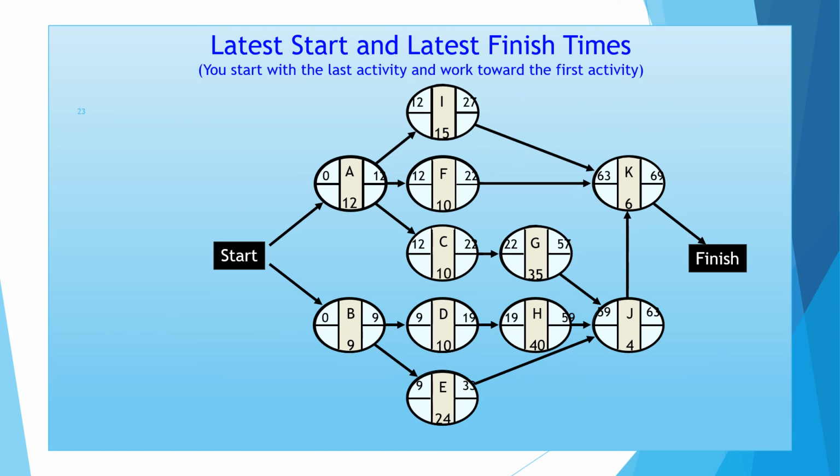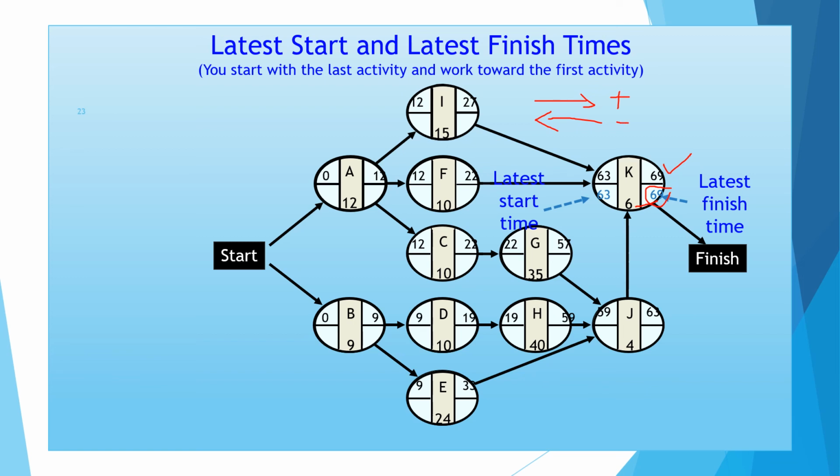Same way, when we are returning, this is the earliest finish time and this is the latest finish time. So 69 minus C. See, while going forward, we are adding. While going backward, we are subtracting.